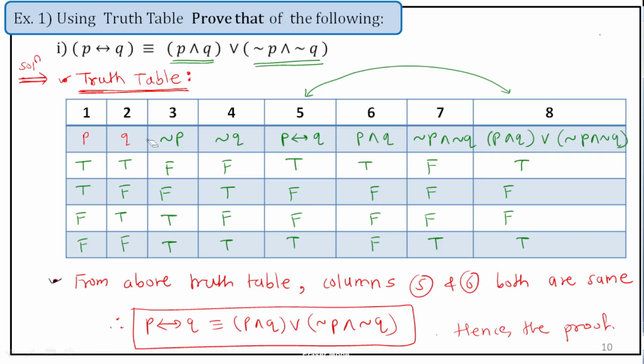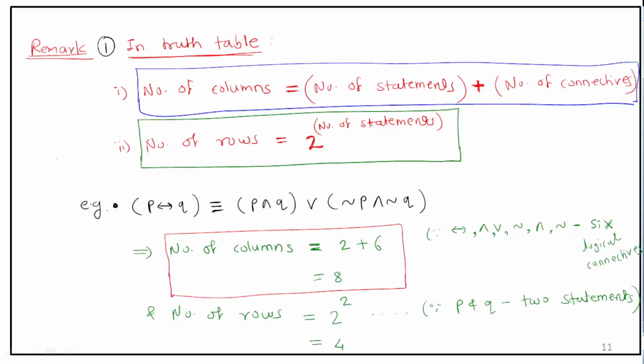Now this is the first example. Then after that, the second example. Before that, one remark. Remark first: in a truth table, the number of columns is equal to the number of statements plus the number of connectives, and the number of rows is 2 raised to the number of statements.